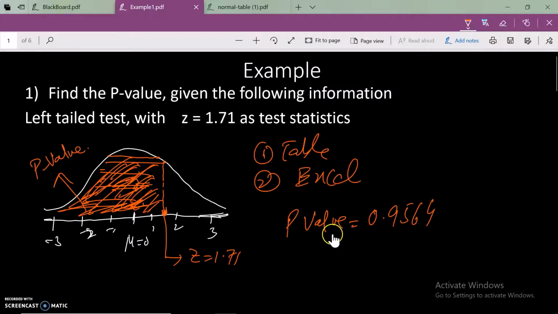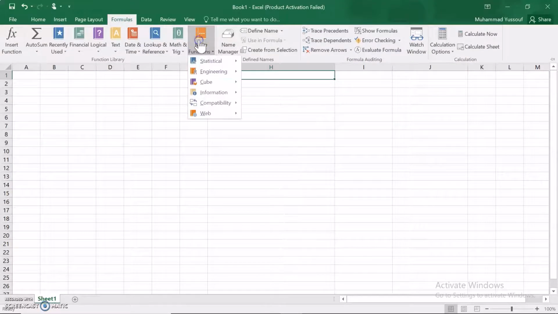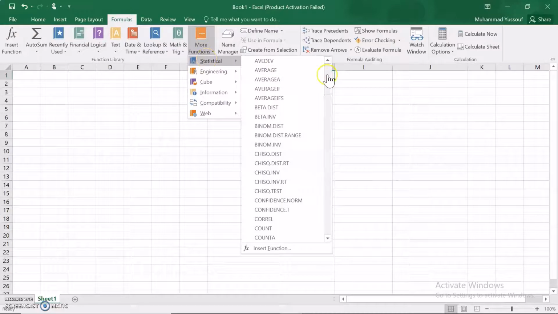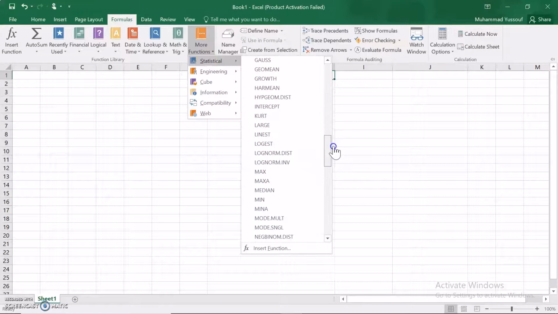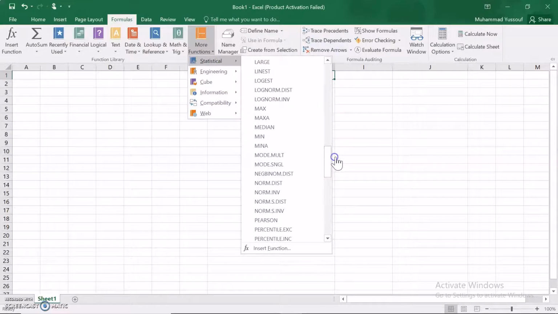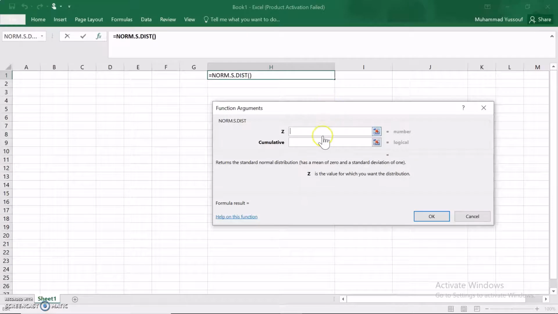Let me do it via Microsoft Excel. Go to Formulas, More Functions, Statistical, and locate NORM.S.DIST. This is the function. It asks what the z value is. The z value is 1.71, and it asks whether we are looking for the cumulative area from the left.